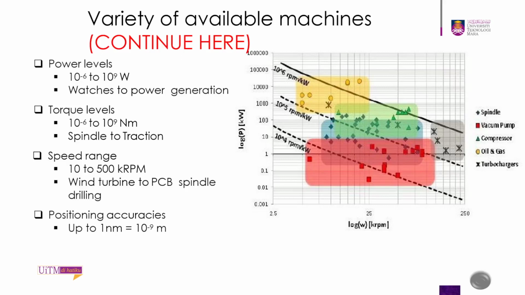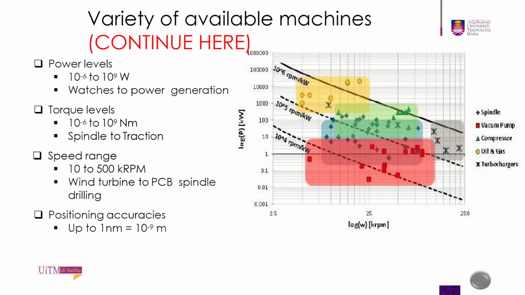And then we can also look into the speed range of electric machines. You can start with 10 revolutions per minute, very slow rotation of the rotor, and you can go up to 500 to 1000 kilo rpm, very, very fast rotor rotations.